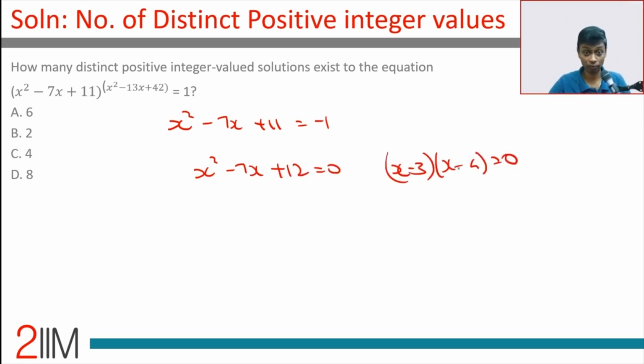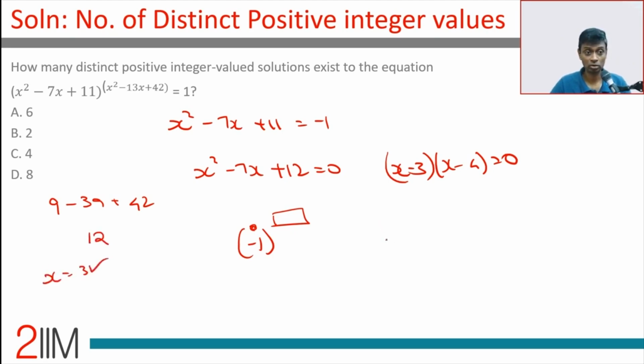X could be 3 or 4. Minus 1 power some number could be 1 if that power is even. So put x is 3, 9 minus 39 plus 42. 9 minus 39 is minus 30 plus 42. This is 12. So x equal to 3 works.